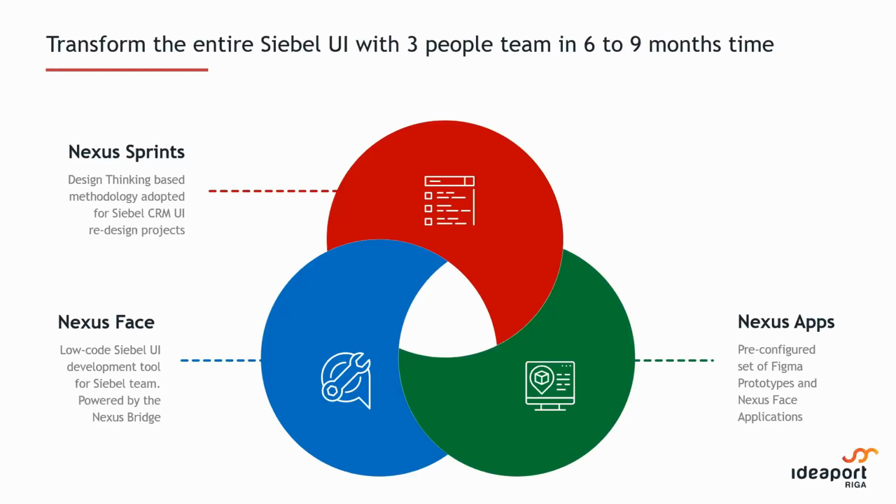And for us to accomplish this mission, we again prepared several assets that we have. So first, there is a methodology, which we call Nexus Sprint. Basically, we took the design thinking methodology, which is sort of a standard methodology in the UX domain, and adopted it for Siebel CRM UI redesign projects. Because again, redesigning Siebel UI is different from making a mobile application for the end customer of the application.